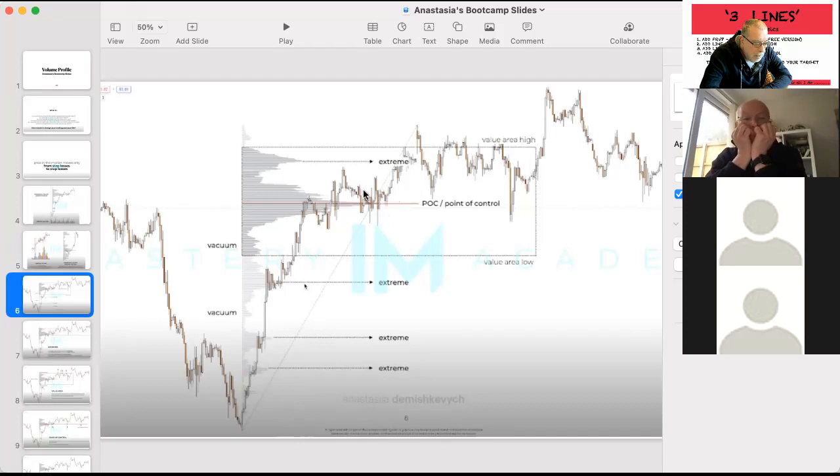So she would look at this and say, okay, this point of control is not going to be my target, it's not going to be a take profit. It's going to be sort of a launching pad, in this case a launching pad to get in for a buy. Had it gone the other way, we'd be looking at a sell. But basically what I think is happening in this area is that buyers, there's been a very strong push in price to go up to that point.